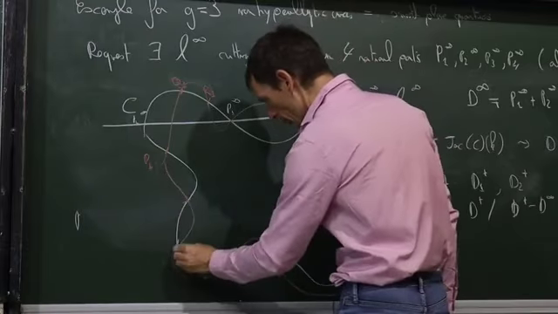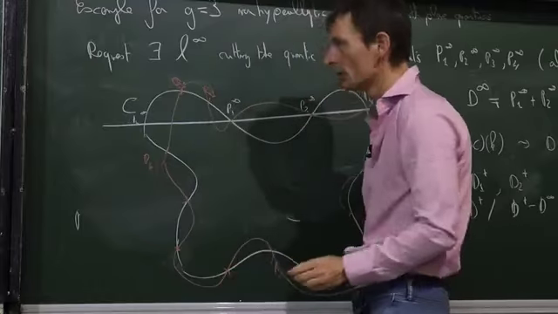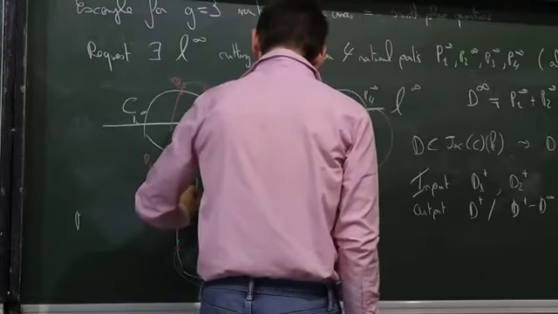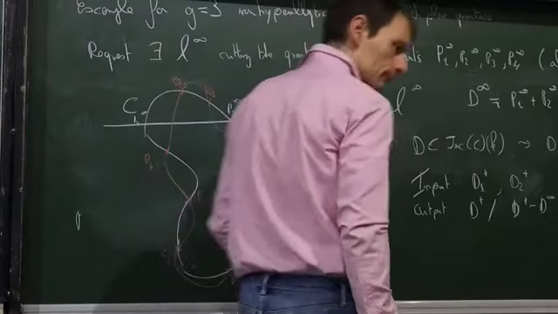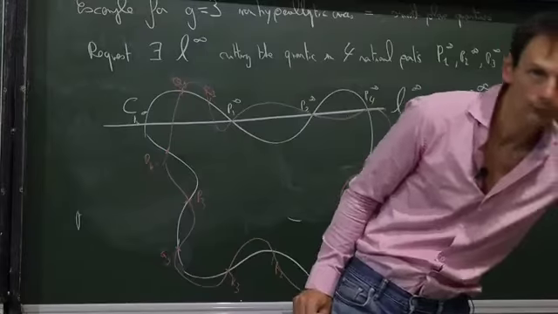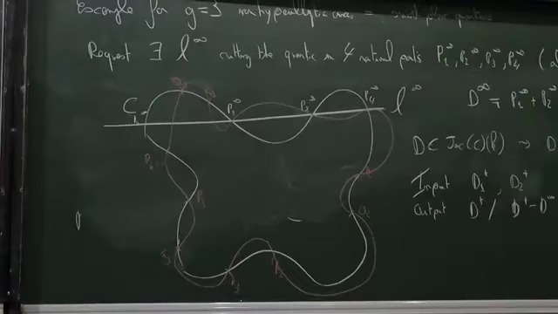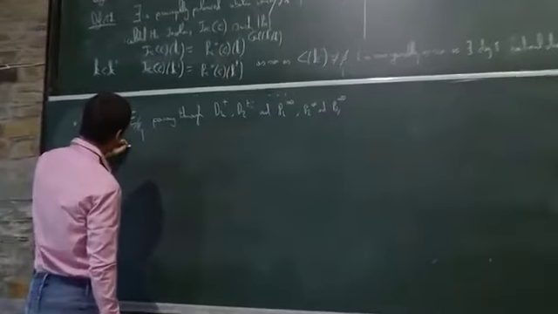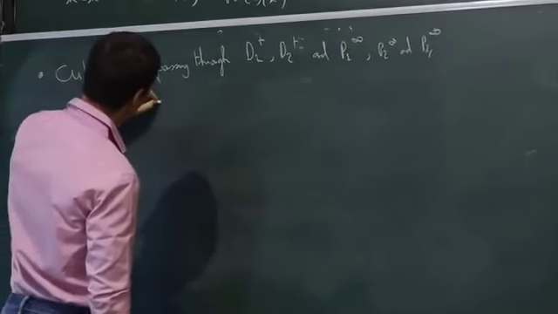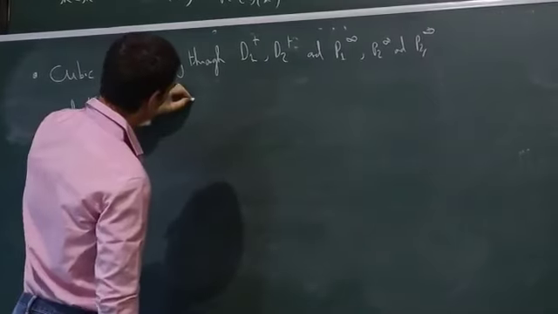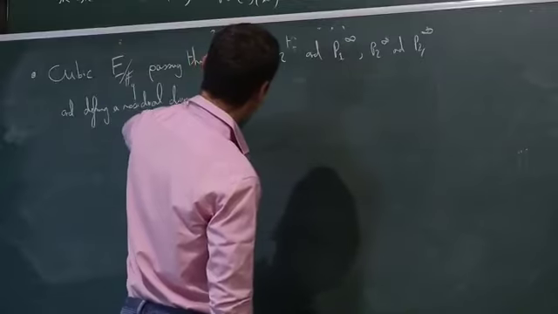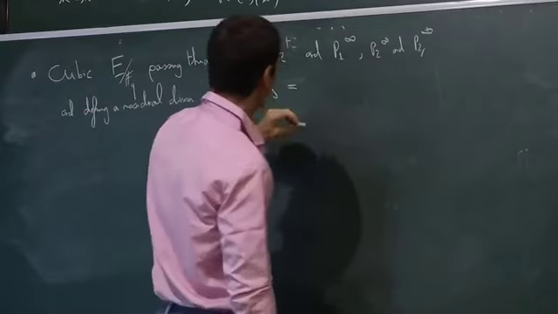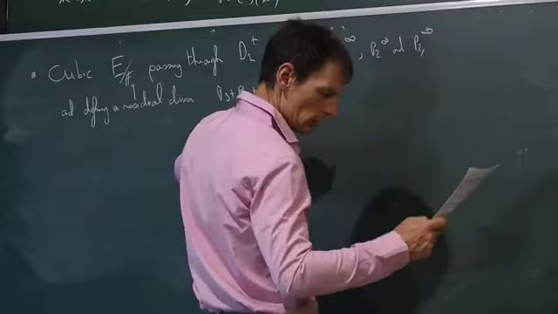So these 3 extra points define a residual divisor, P3 plus Q3 plus R3, that I call D3.